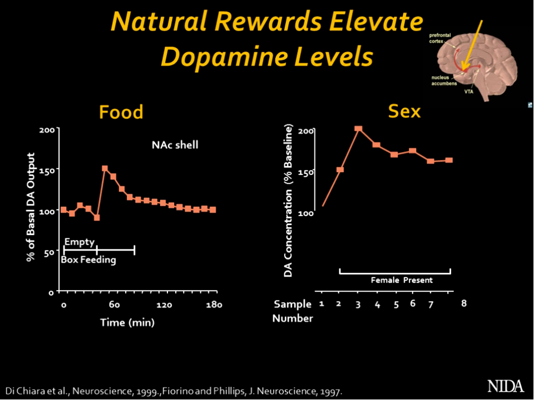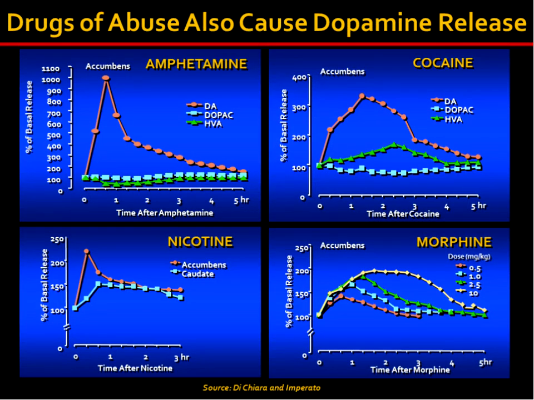This basic mechanism of controlled dopamine release and reuptake is carefully shaped and calibrated by evolution in response to normal healthy rewards, rewarding behaviors that are critical for our survival.